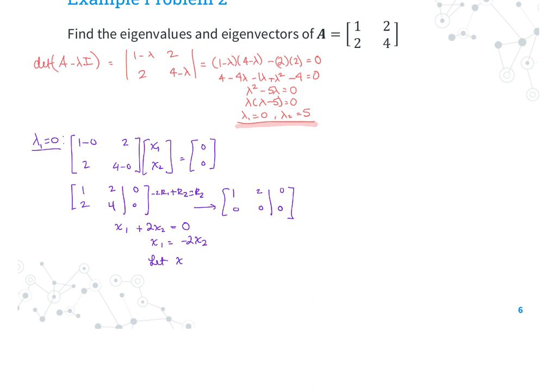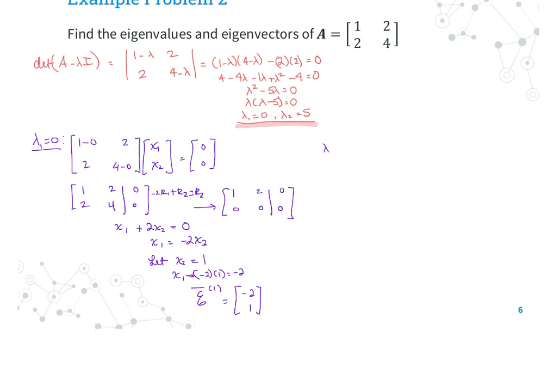If we let x2 equal 1, then x1 will be negative 2 times 1, or negative 2. So our first eigenvector here is going to be negative 2, 1. It wouldn't be wrong to let x2 equal negative 1, and then x1 would be positive 2. It would be the same thing. That is also an acceptable eigenvector.